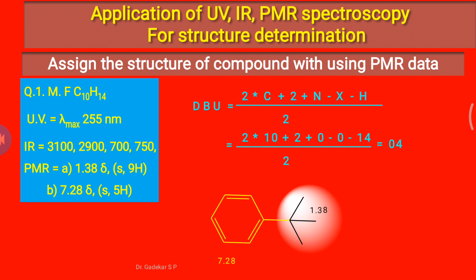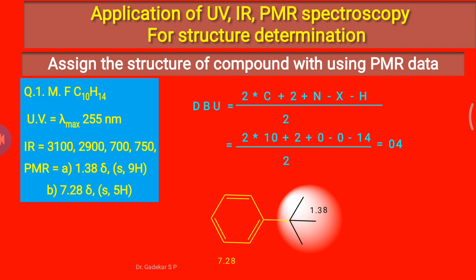The formula is DBU equals 2C plus 2 plus nitrogen minus halogen minus hydrogen, divided by 2, where we take the number of carbon, nitrogen, halogen, and hydrogen in the molecular formula. Putting in the values: 2 into 10 plus 2, nitrogen 0, halogen 0, minus hydrogen 14, divided by 2, is equal to 4.